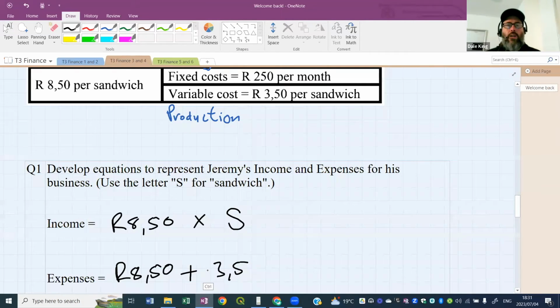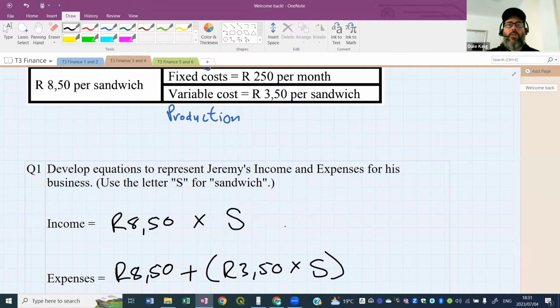And I'm going to put a bracket here because you know me, I like using brackets. R3.50 times S. Okay, let's have a look at this example here. This is a very good example because Chiamo, I don't know if she saw Sonia's post, but Chiamo was also saying, so we've got to add up these two costs.